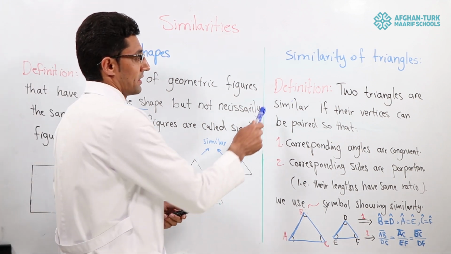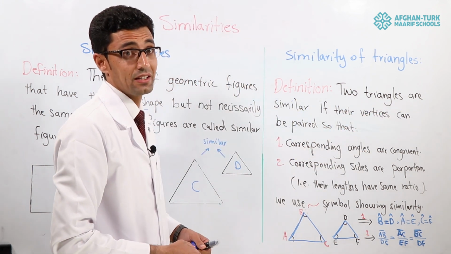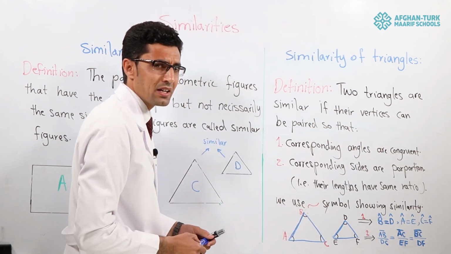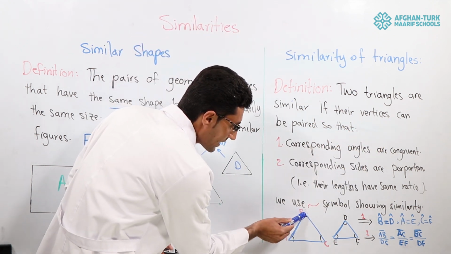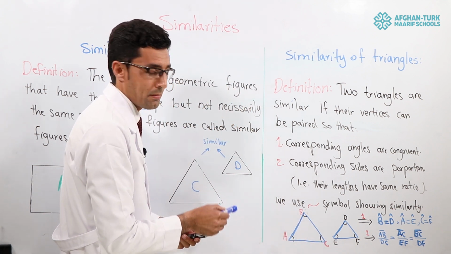Definition. Two triangles are similar when? If their vertices, do you know vertices? These are the vertices of the triangle, at the top.